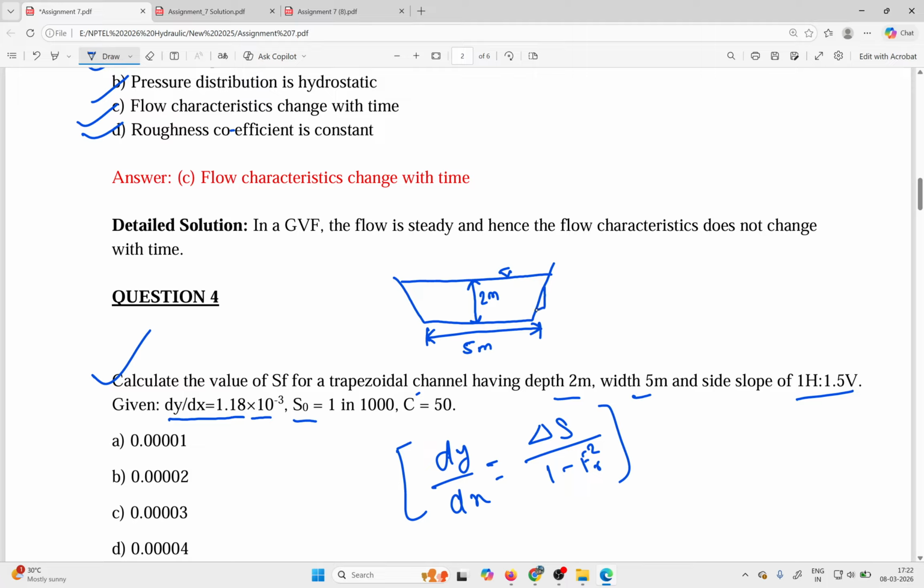This slope 1 is to 1.5 means that if you are moving here, remember please, 1 horizontal is equal to 1.5 vertical. So here we need to calculate this.